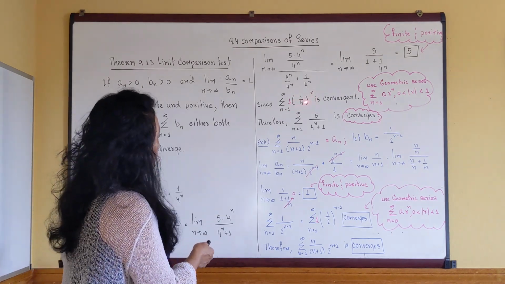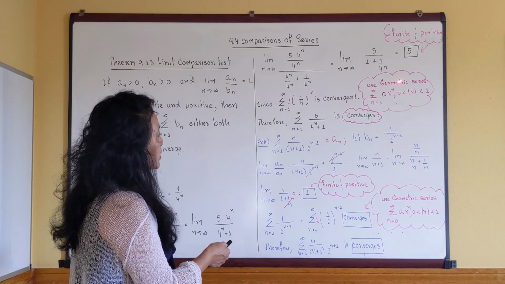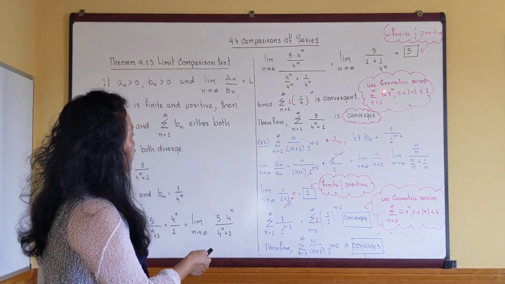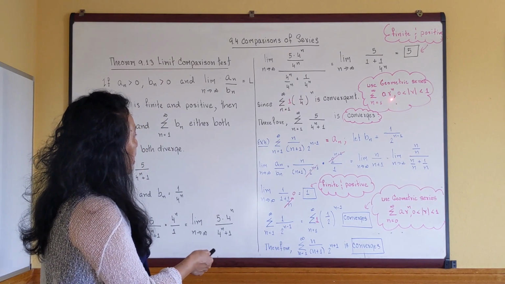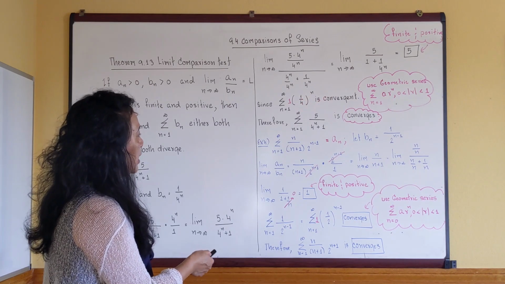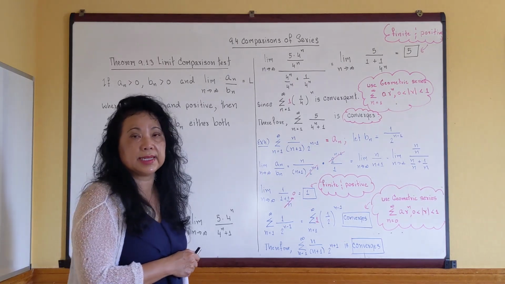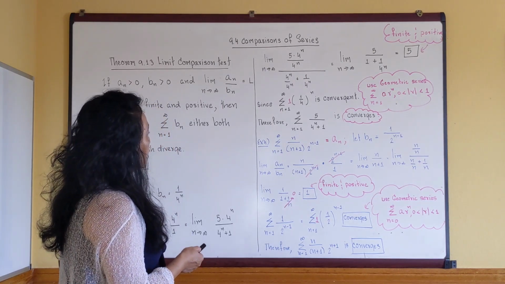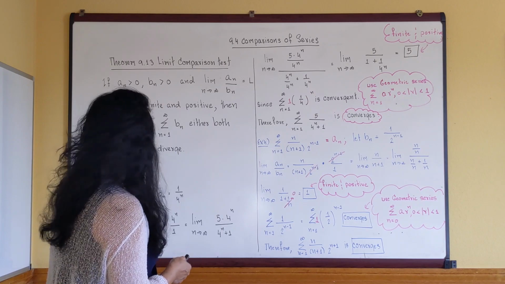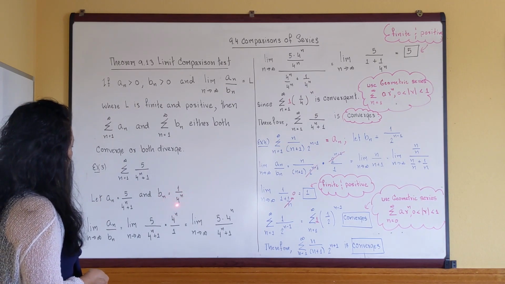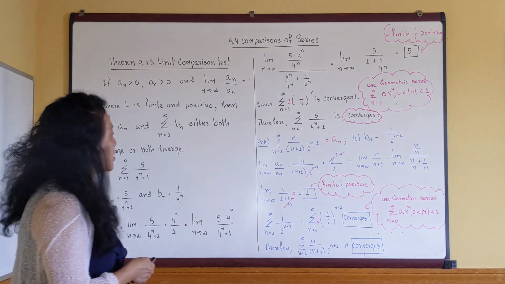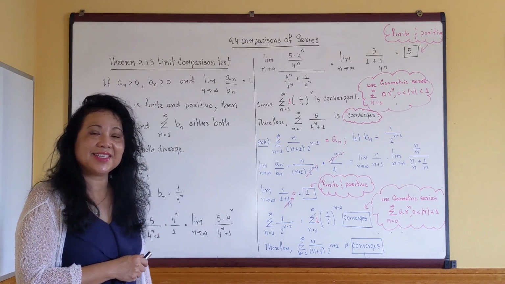I know it converges from the geometric series. Put in the right form, my a is 1, my r is 1/4, and the absolute value of r is between 0 and 1, strictly less than 1. So it converges. Since my b sub n converges, my a sub n must converge by theorem 9.13.